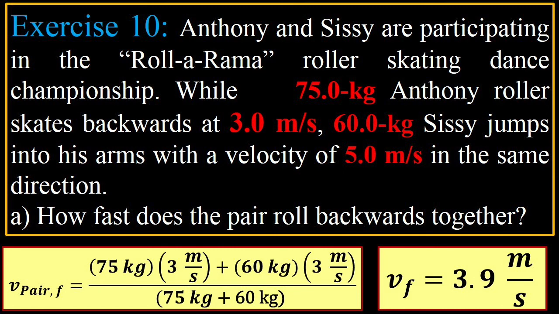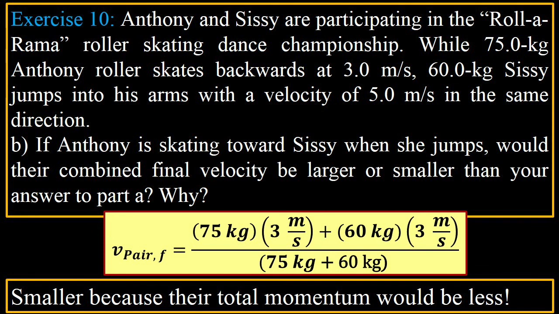And the answer is 3.9 meters per second. B says, if Anthony is skating towards Sissy when she jumps, would their combined final velocity be larger or smaller than your answer to part A, and why?